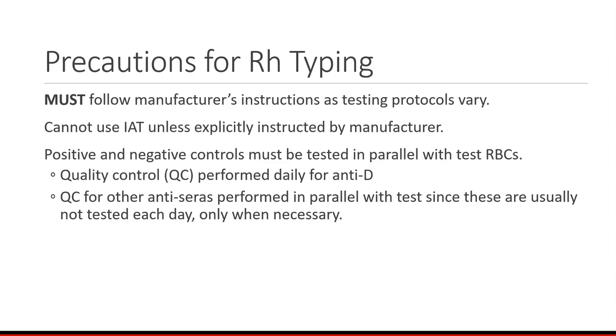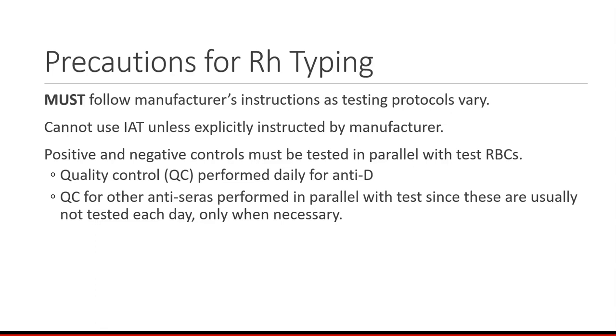Quality control is performed daily for anti-D as well as all your reagents. The first thing I do when I hit the bench in the morning is there's a little kit for QC, and that's the first thing I do because every reagent must show that it's working every day of use. Quality control for other anti-sera is performed in parallel with the tests, since these are usually not tested each day, only when necessary.